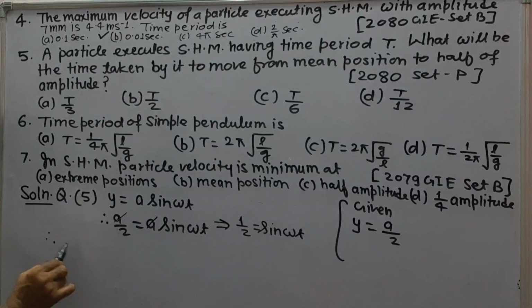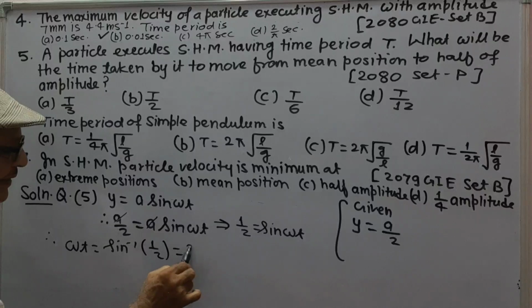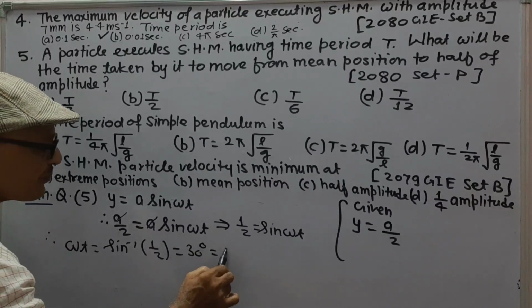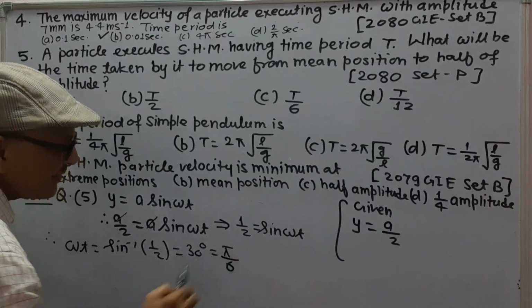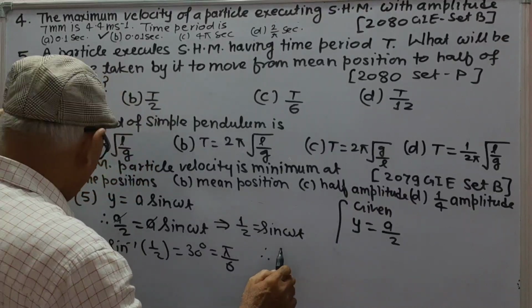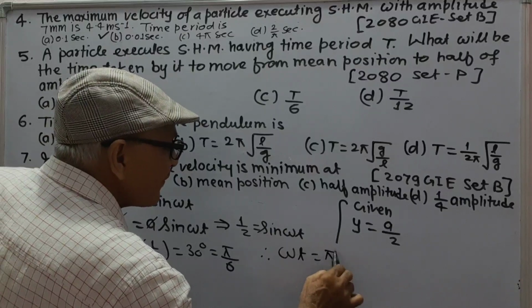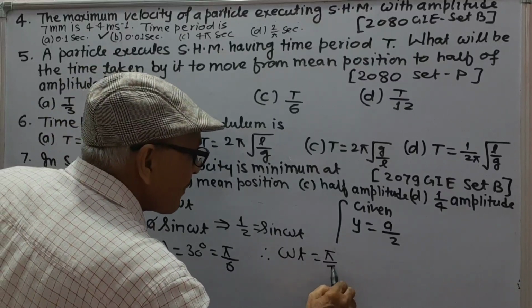which gives omega t as sin inverse of 1 by 2, which is 30 degree, which can be written as pi by 6. Therefore, omega t is equal to pi by 6.